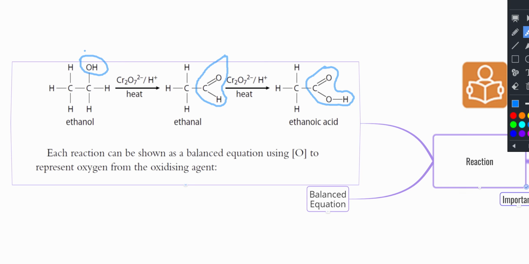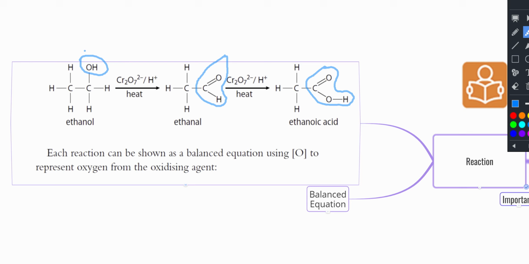So COOH is the functional group for the carboxylic acid. When the oxidation results in the formation of a carboxylic acid, we call it complete oxidation. Once again, we see that the same acidified dichromate ions and heat are being used. So this is all we can say about the partial oxidation and the complete oxidation.